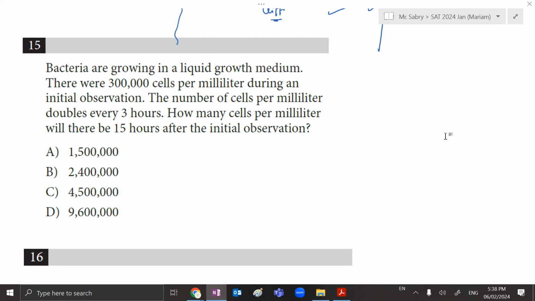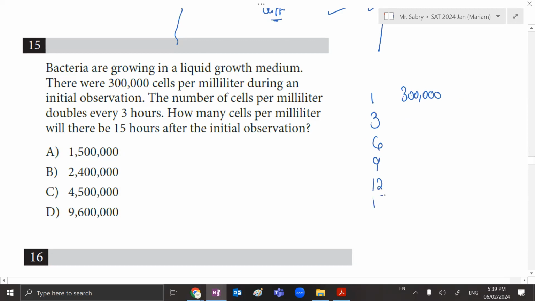Ooh. Okay, we first draw a graph. No, not a graph, a table. Okay. So, hours, and then 300,000 cells. And then since it says that it doubles every 3 hours, in the hour column we're going to do 3, and then 6, and then 9, and then 12, and then 15.